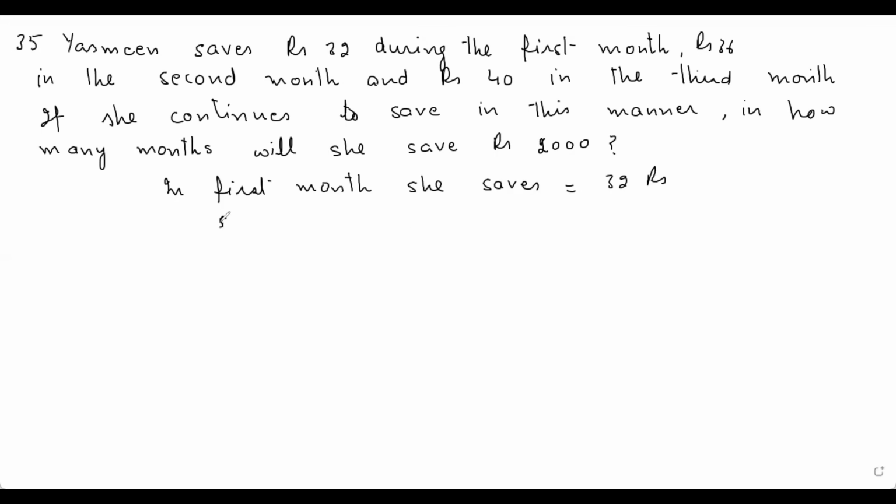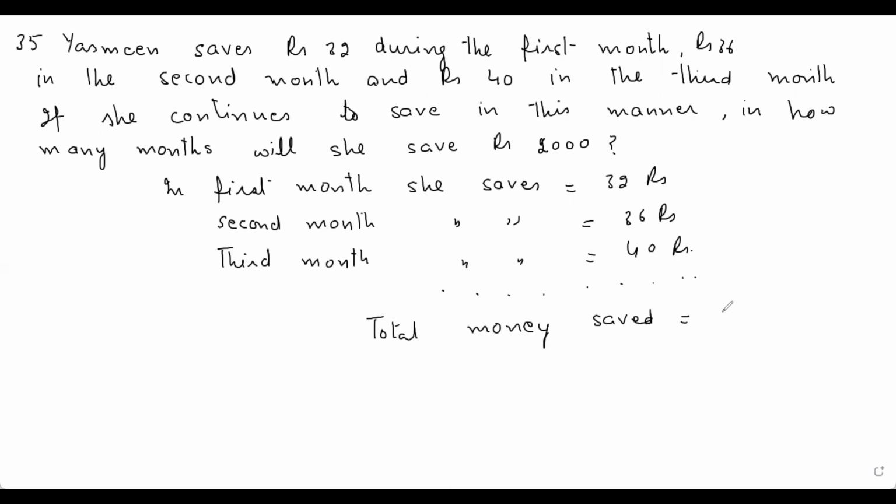In the second month, she saves 36 rupees. In the third month, she saves 40 rupees. In this manner, she continues to save money. Total money saved is equal to 2000 rupees.